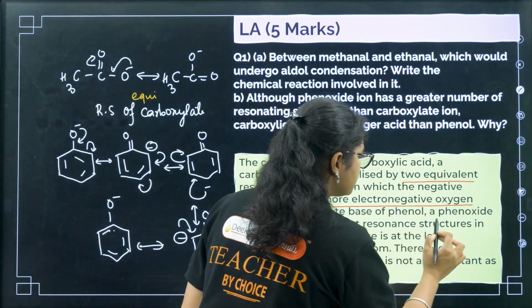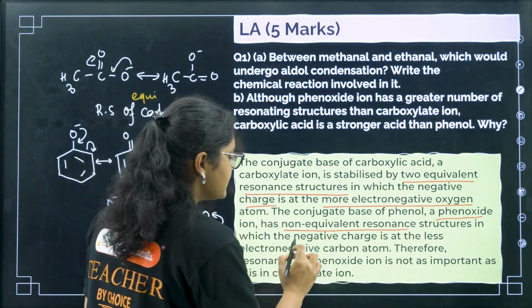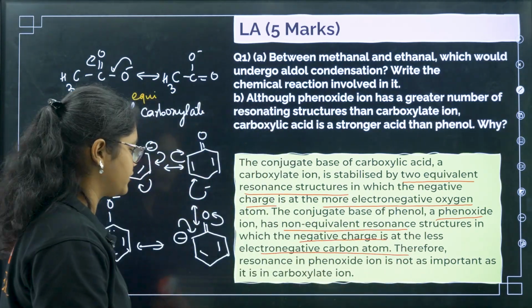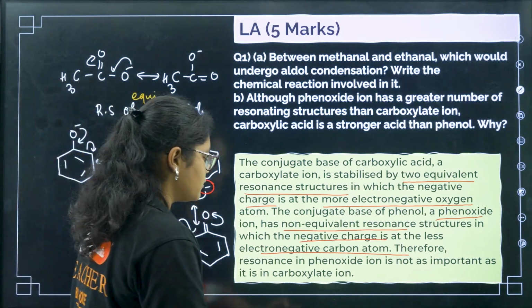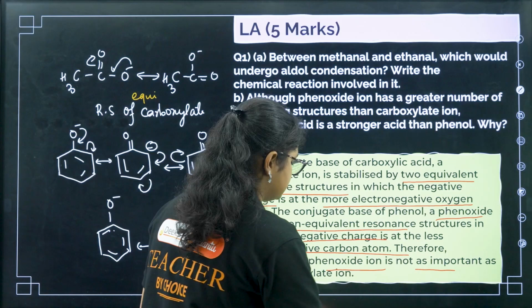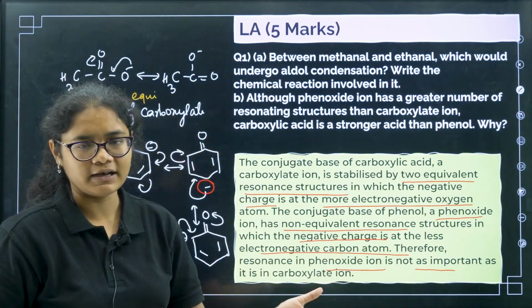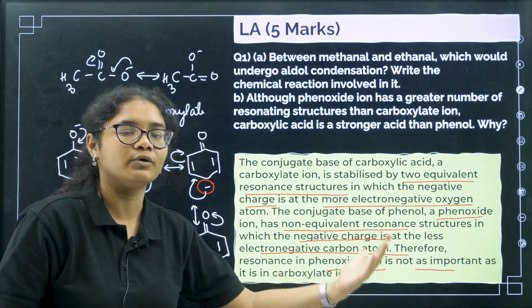Now if you compare it with the phenoxide ion, it has non-equivalent resonating structures and the negative charge is at the less electronegative carbon atom. So you can see the negative charge is coming on the carbon atom, right? Therefore, resonance in phenoxide ion is not as important as in carboxylate ion, therefore carboxylate ion is more stable and hence more acidic.